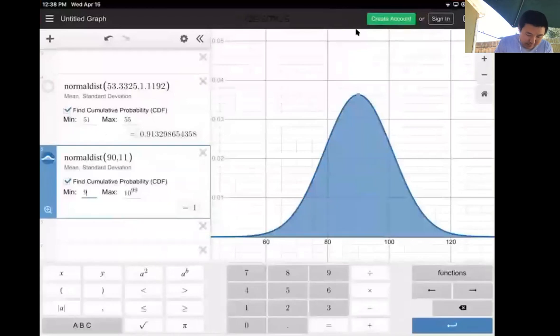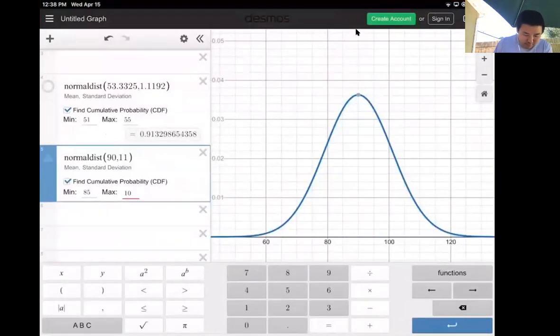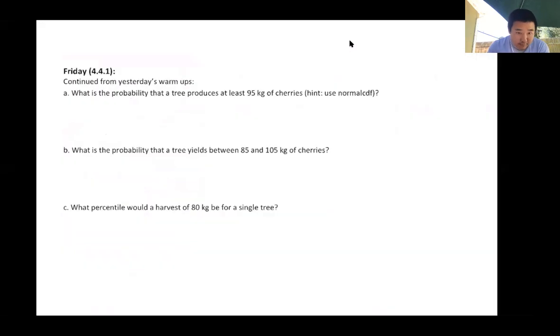The reason why you have to use this is because it's not a perfect standard deviation above and below. And then what percentile would a harvest of 80 kilograms for a single tree be? So you want from negative 999 to 80.